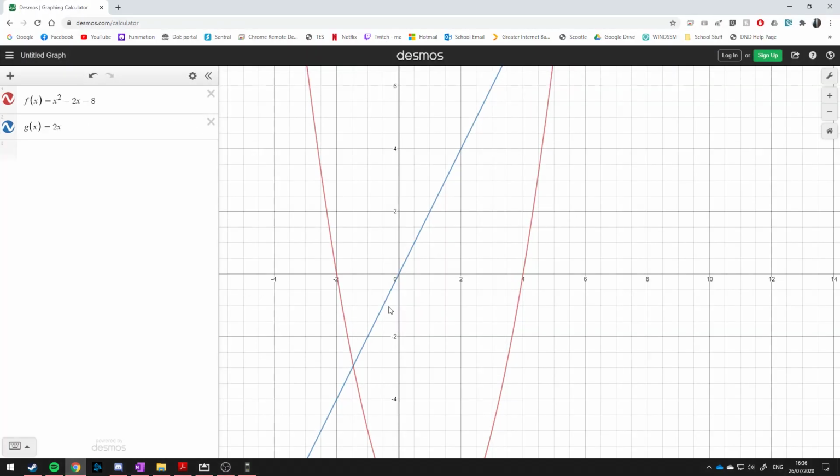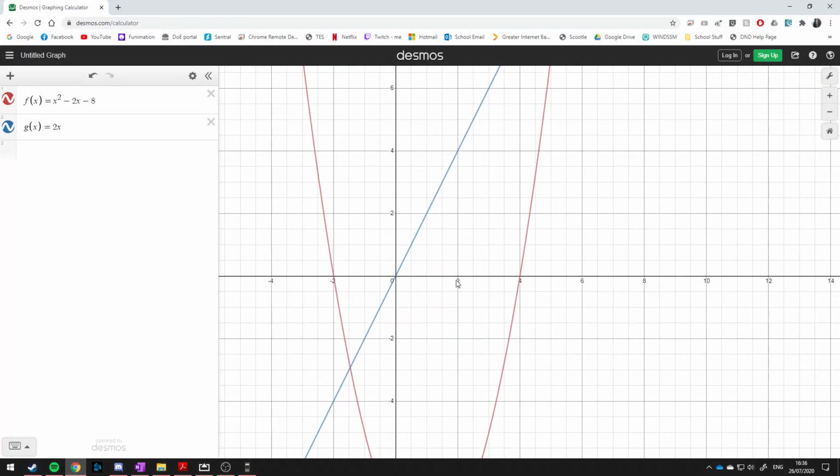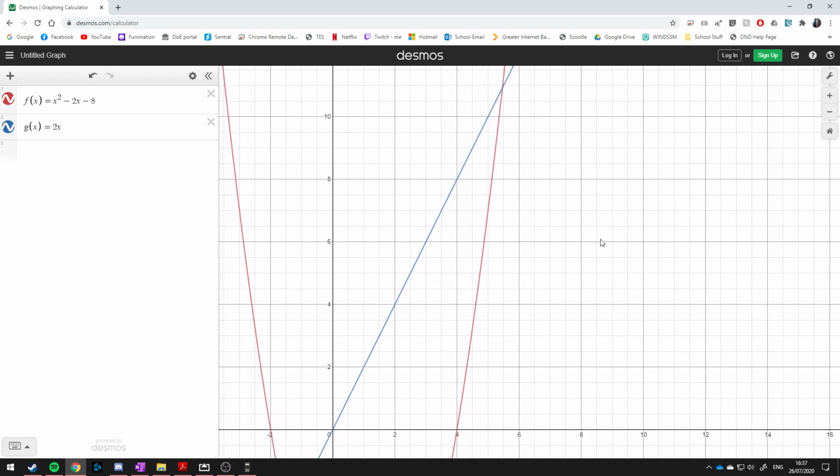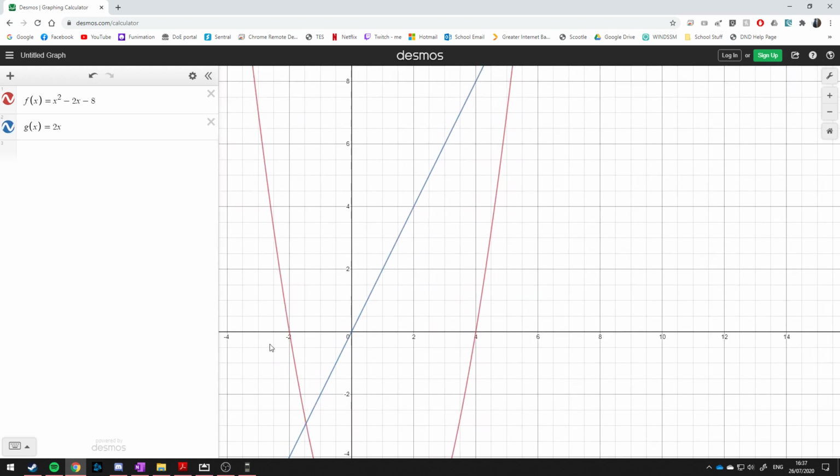Now I'm going to quickly show you on this sketch. We don't know what the exact points of intersection are, and they're kind of weird numbers, not numbers we're used to. What we're saying is that we can find the halfway point between these two by taking the average of the roots of the difference.